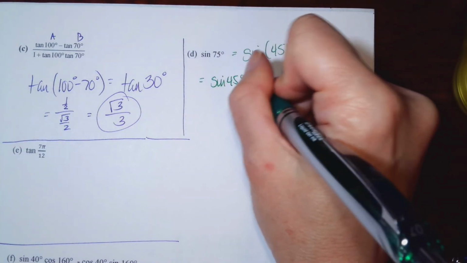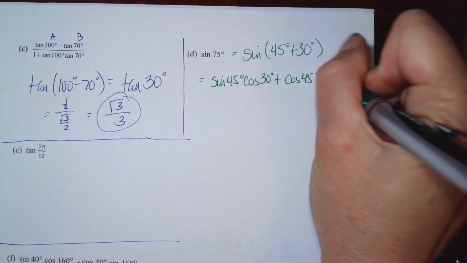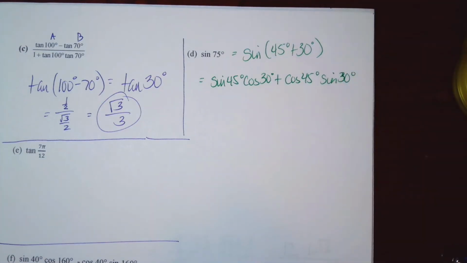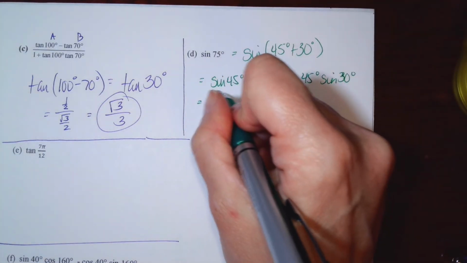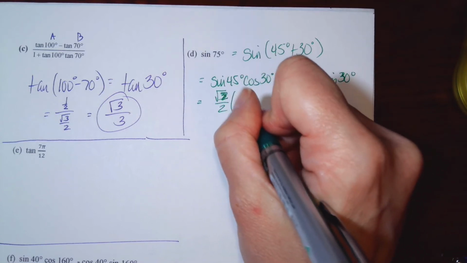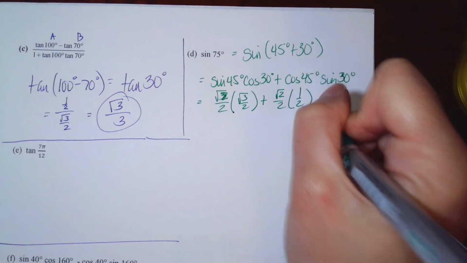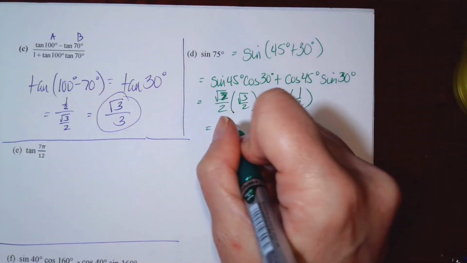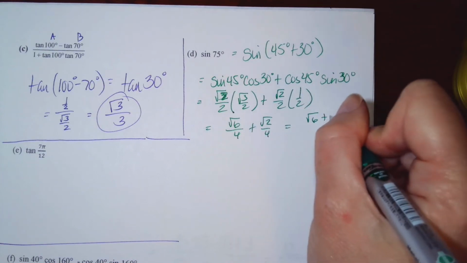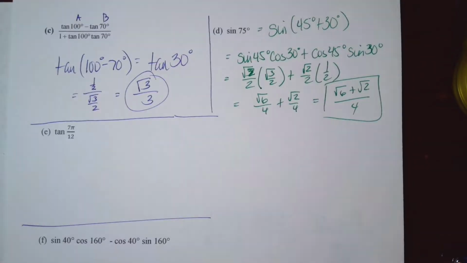Using my sine sum identity, keeping angles in the order I need them to be in. Everything is in quadrant 1, so everything's positive. And then I take that last step to write it as a single rational expression.